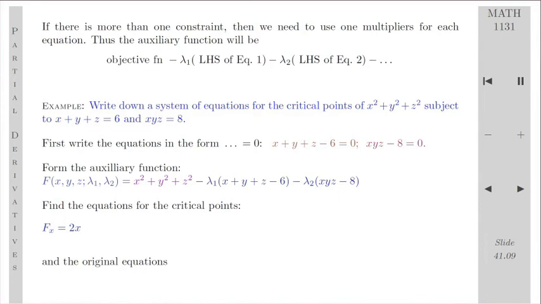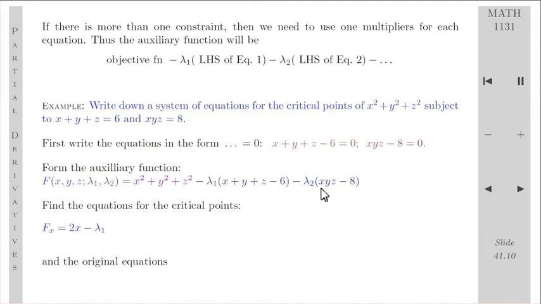And then minus lambda 1 times something. So minus lambda 1 is a constant factor, and it stays as it is. And then I differentiate the inside with respect to x, which gives me 1 plus 0 minus 0, or just 1. So I just get lambda 1 times 1, or just lambda 1. And then in the last portion, I have minus lambda 2, which is again like a constant factor, so it stays as it is.